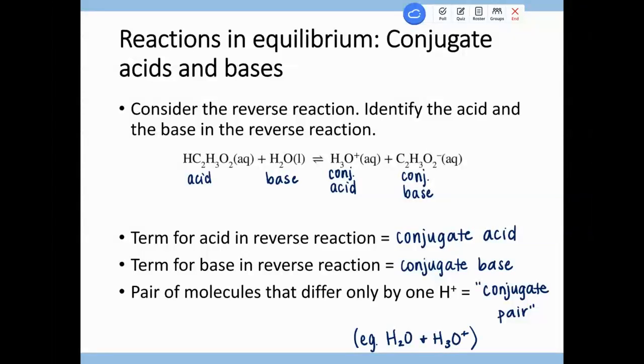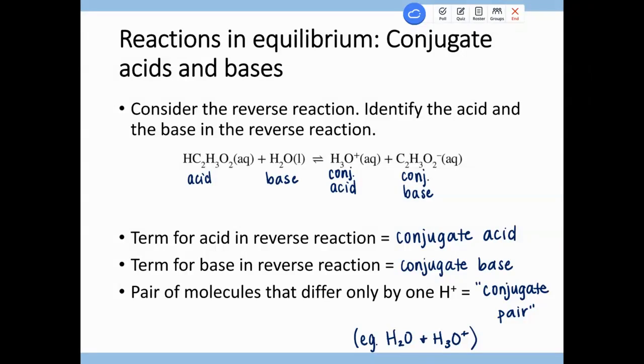They differ by one H+. H3O+ has the extra H+. H2O does not have it. For conjugate pairs, one is the acid for that reaction and one is the base.